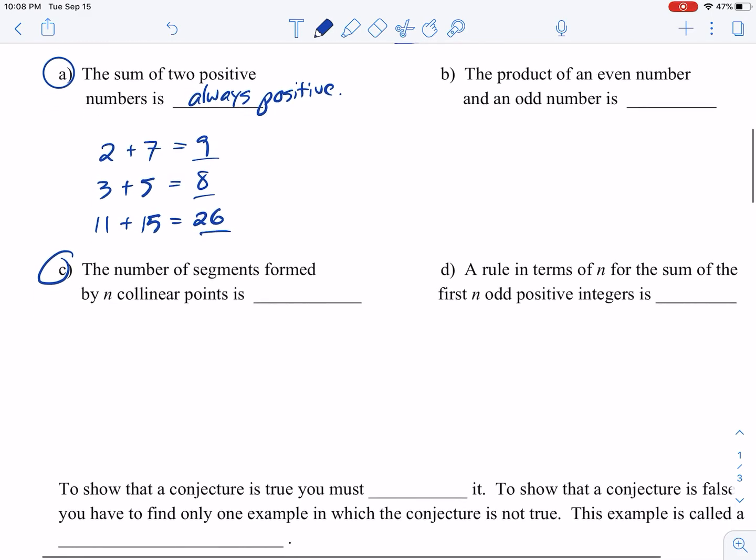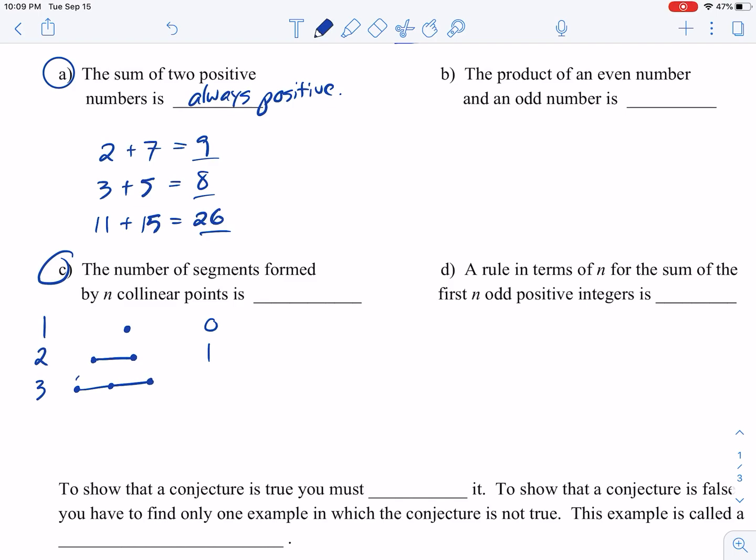All right, let's try another. The number of segments formed by n collinear points. All right, let's start with 1 point. If we have 1 point, then we don't have any segments, so that would be 0. When we have 2 collinear points, we have 1 segment. When we have 3 collinear points, we have 1, 2.